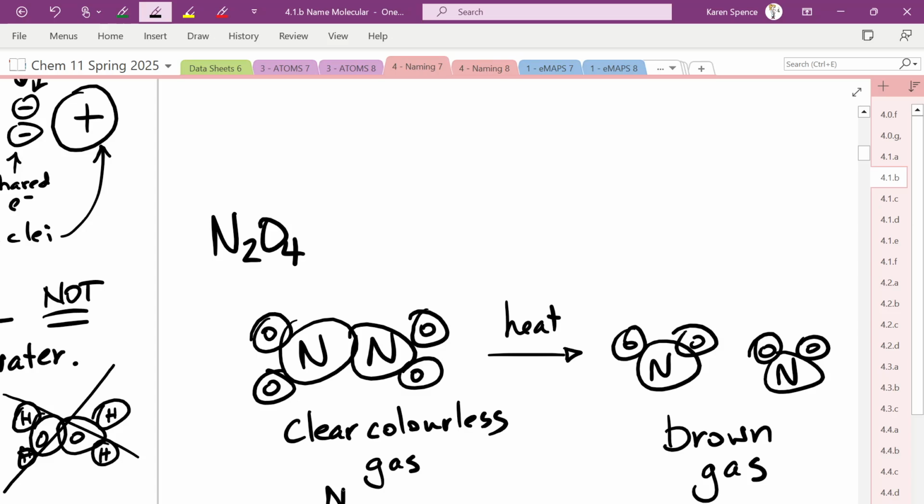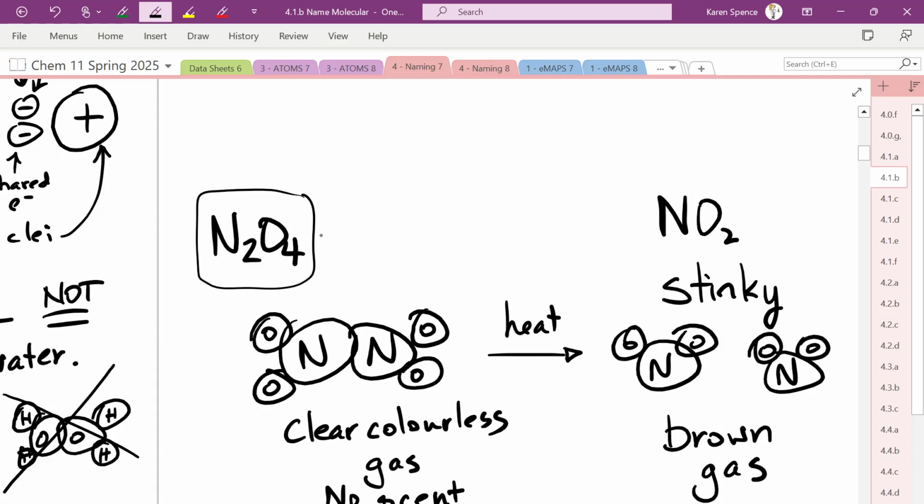This has no scent. This is stinky. Not to put too fine a point on it, it is stinky. Is N2O4 the same thing as NO2? Nope, they are different things. They have different properties. That's why I could not simplify this formula.